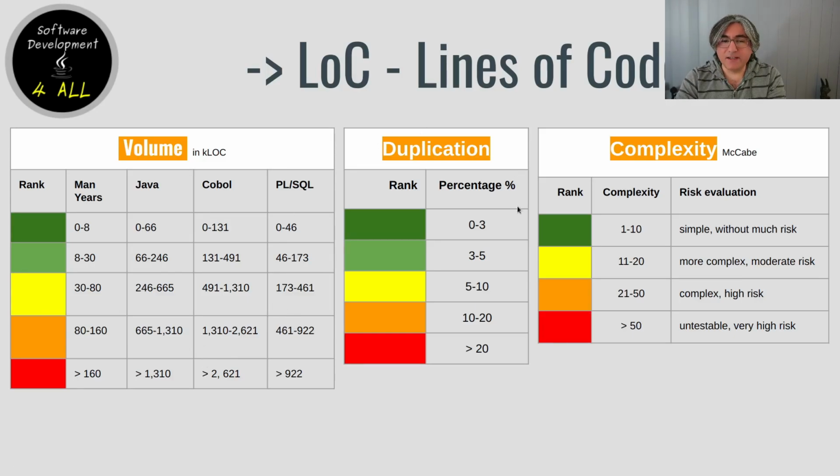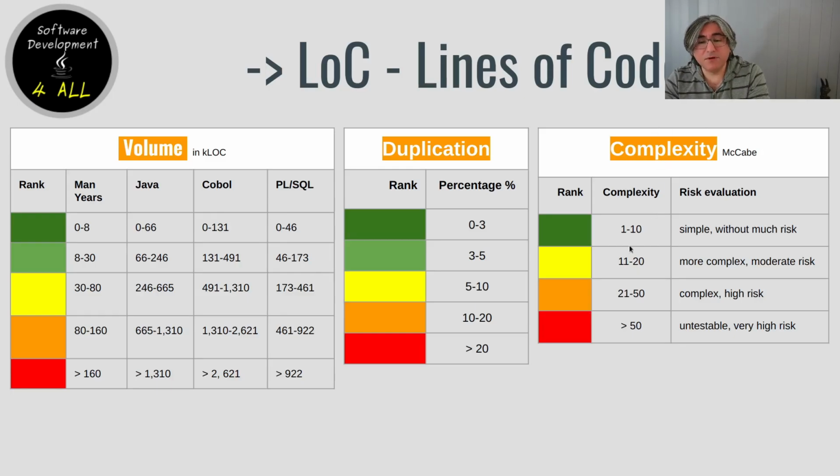So duplication, similarly also ranked, 0 to 3% is green, 3 to 5% light green, a bit more complex, moderate risk, 5 to 10 more complex, and let's see, duplication 10 to 20 is high risk, and above 20% of duplication, unstable.